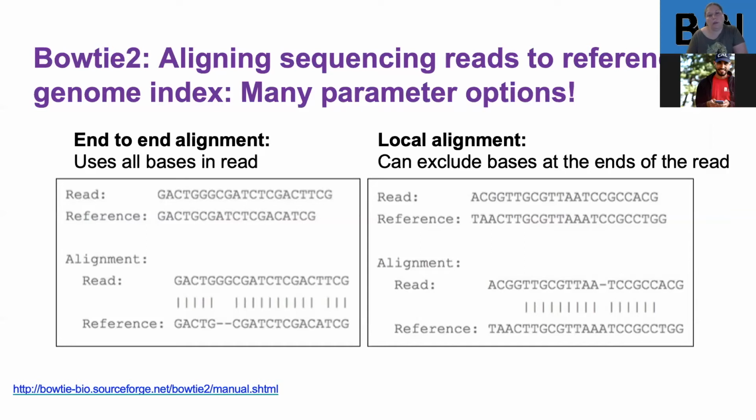Or you could have a local alignment, which means you don't have to include all of the bases in the read, and then you might have some bases hanging off the edge, representing potentially insertions.